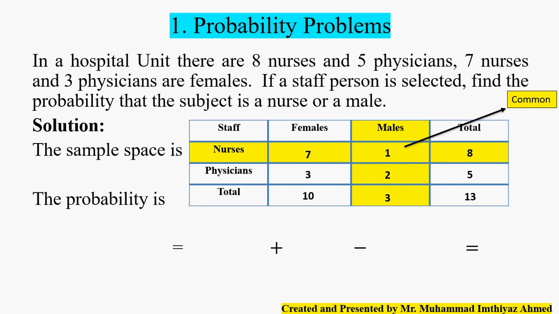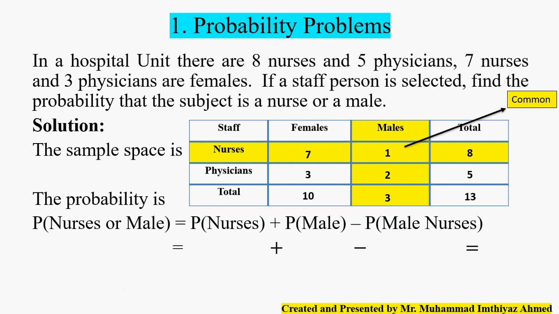First, we need to calculate the probability. Probability nurses or male, we need to take probability of nurses, add with probability of male, minus probability of male nurses. So probability of nurses total is 8 by 13, as you can see the total. And probability of male total is 3.